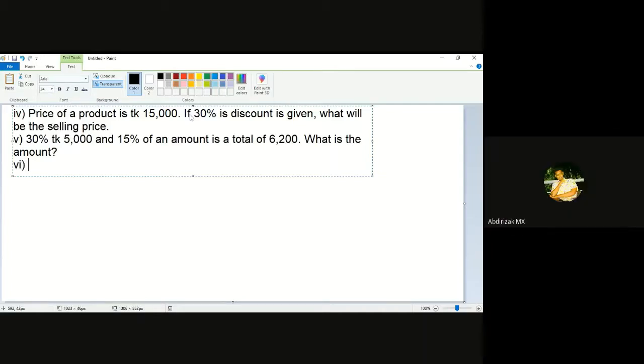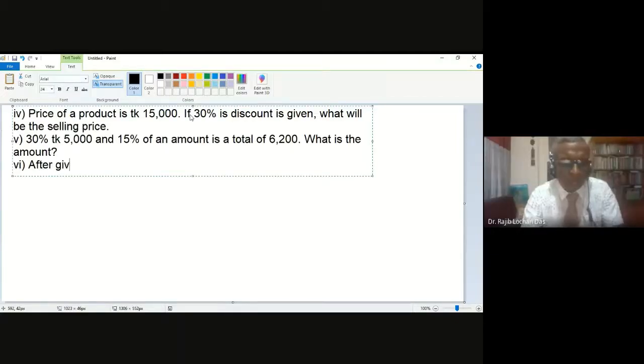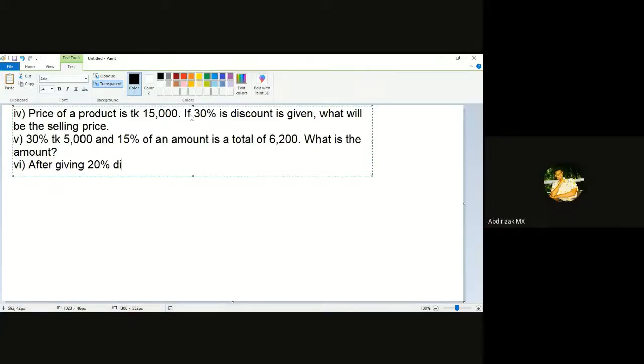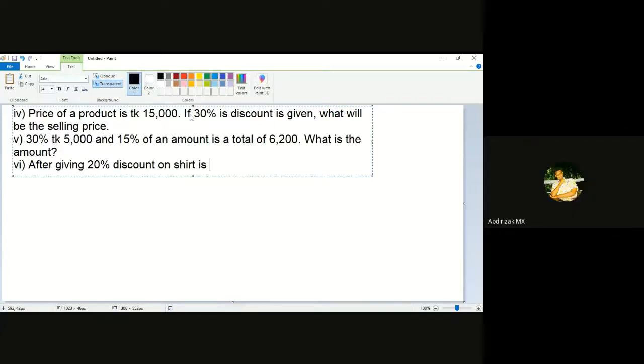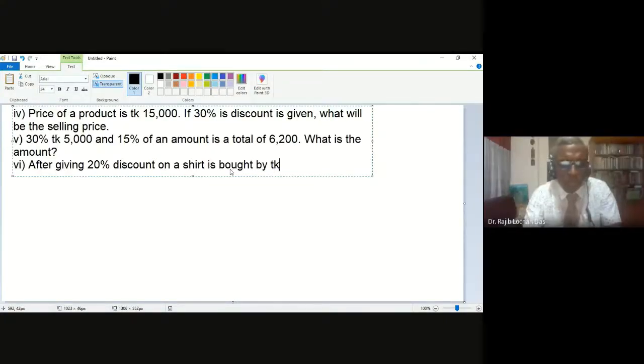After giving a 20% discount on a shirt, the shirt is bought for 1,800.